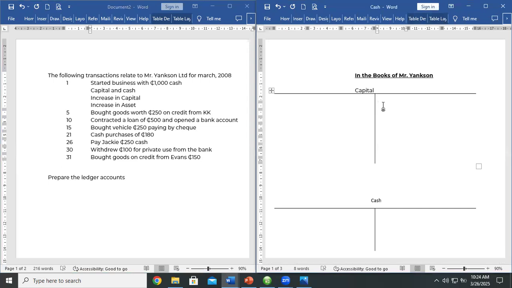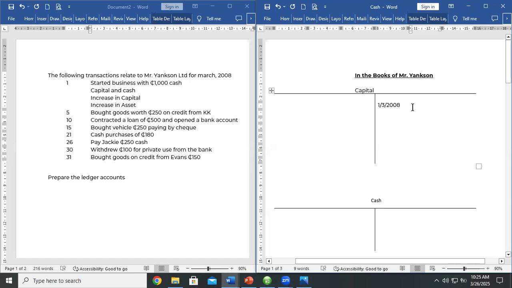Meaning we go to the right side of the capital account and put the entry. The entries we put there are the date. So we put the date, and in the question we have 1st March 2008. The next thing you put is the details or particulars, which is normally the other account you are going to pass the corresponding entry. So we are crediting capital. The corresponding entry will go to cash account.